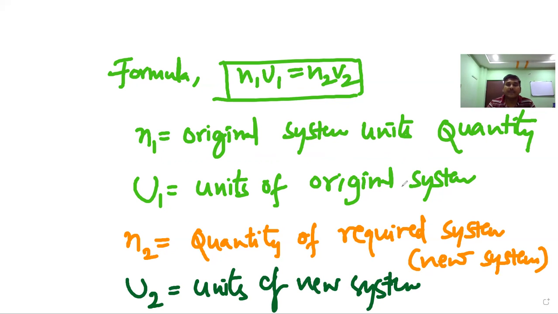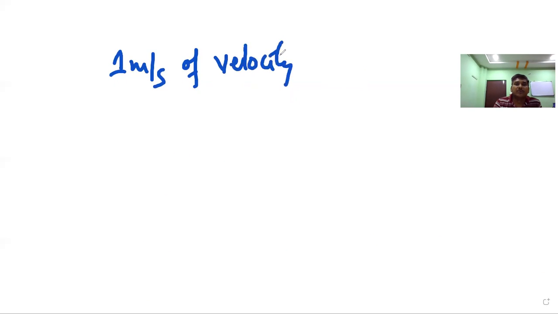Is it clear? Now, the same velocity I want to convert. Just now I have shown the velocity. Observe, 1 meter per second of velocity is equal to how many in centimeter per second?